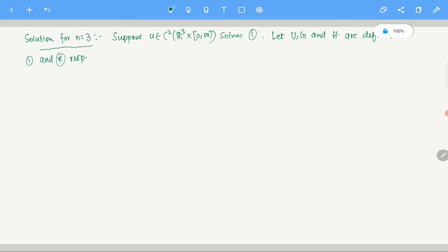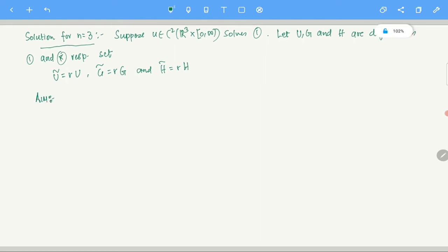Now you set U tilde to be small r times U, G tilde is small r times capital G, and H tilde is small r times capital H. Now our aim is to show that U tilde, G tilde and H tilde are very special in the sense that U tilde_tt minus U tilde_rr is 0 in R plus cross (0, infinity), and U tilde equals G tilde and U tilde_t equals H tilde on R plus cross t equals 0.